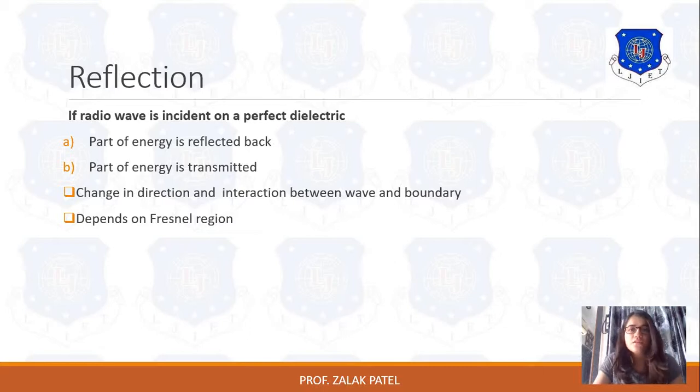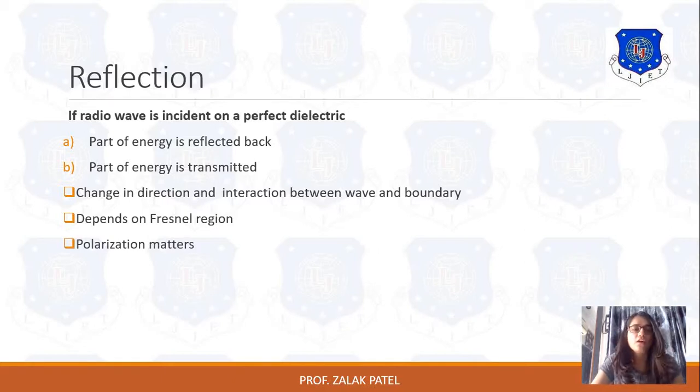It depends on the parameter 2d squared upon lambda. So in this case also the Fresnel region should be less than 2d squared upon lambda. Here d is the maximum dimension of the antenna and lambda is the wavelength.